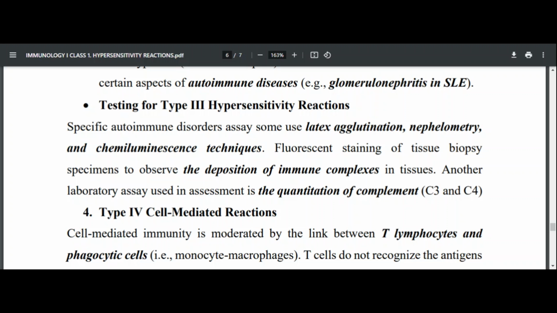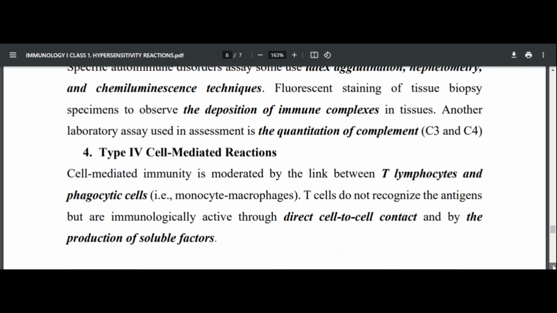hypersensitivity reaction, which is also called cell-mediated reaction. So cell-mediated immunity is mediated by the link between T lymphocytes and phagocytic cells, of course, monocytes or macrophages.